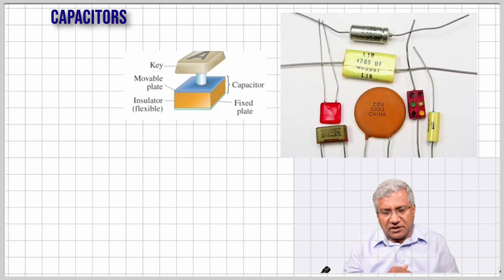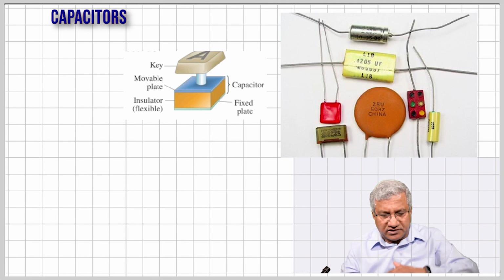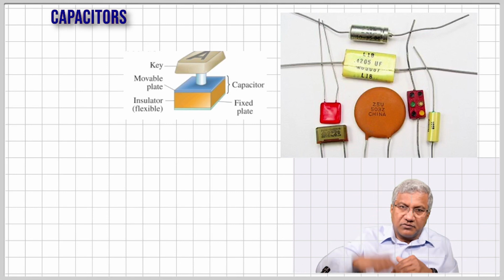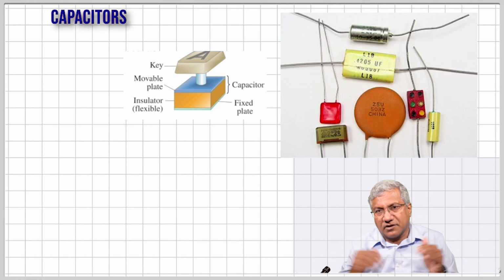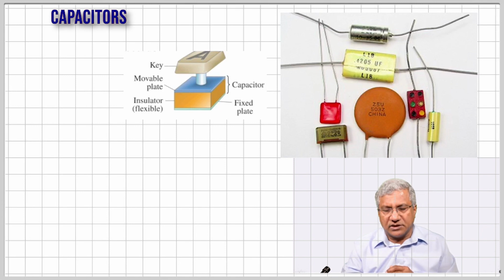So here is the computer key. You can see that the bottom plate is fixed. The top plate is movable. When you hit that, the distance changes, and therefore there is a small change in the electrical circuit. On the right side, you see the different types of capacitors. There are ceramic capacitors, electrolytic capacitors. Also remember that capacitors may have a polarity.